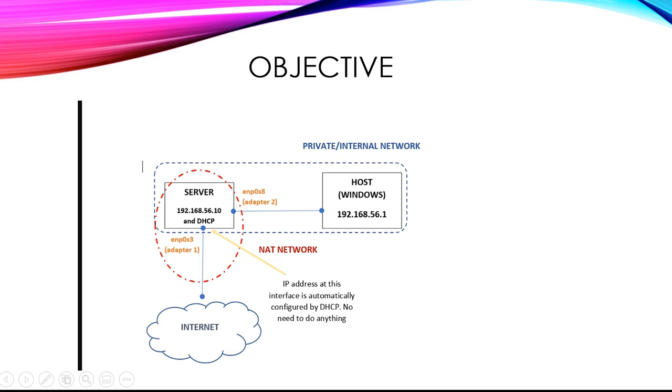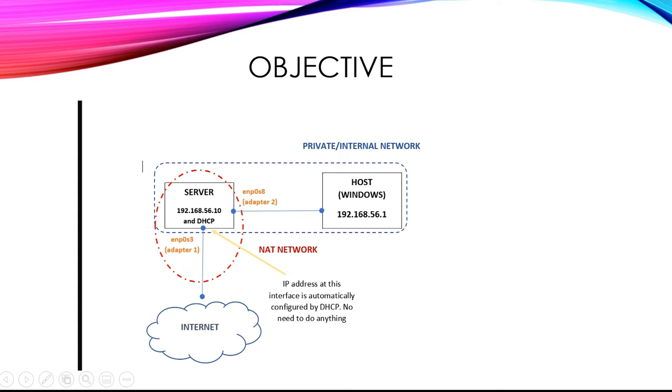Okay, so the objective of this presentation is to discuss the way we connect two servers, which is the virtual server here and the main server, which is Windows, and setting a specific IP address for the virtual server, which is 192.168.56.10, and this IP address should be updated to adapter 2.